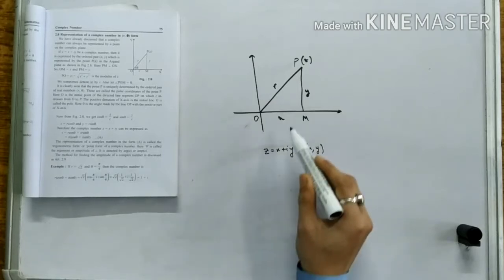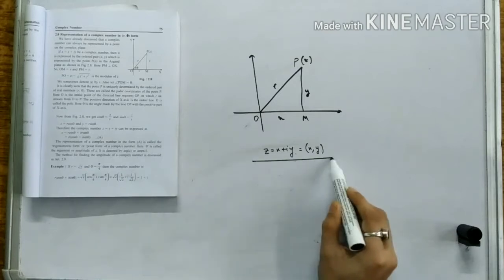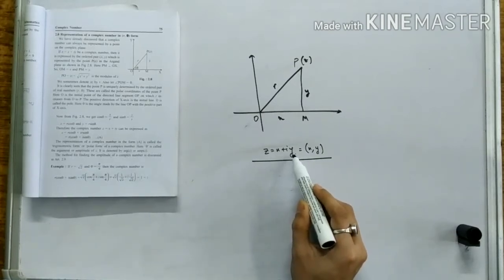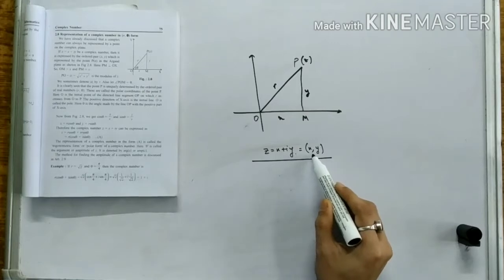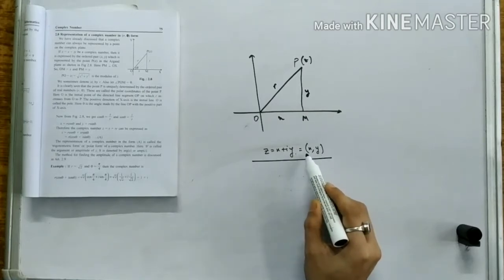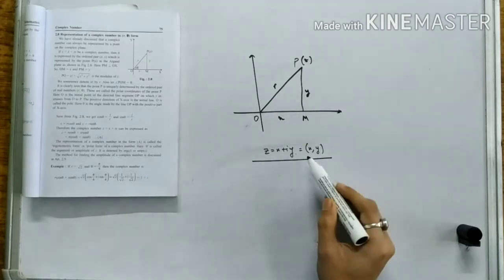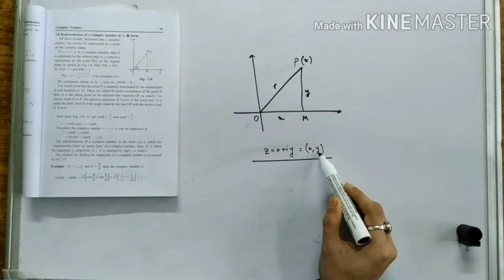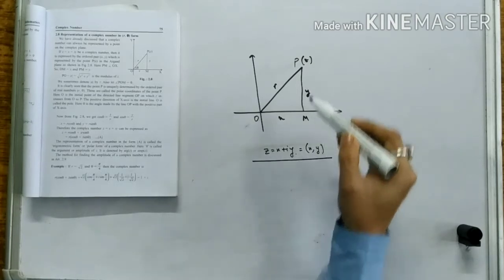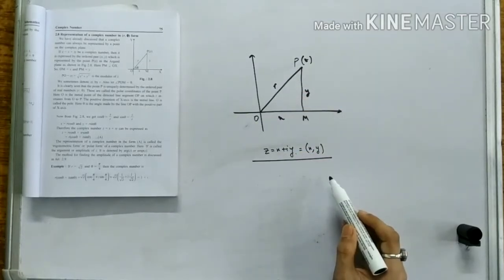For example, this is the complex number z equal to x plus iy. Now I can write this complex number as an ordered pair (x, y). It represents a point (x, y) and works as a coordinate, so it can be represented as a point on the complex plane.